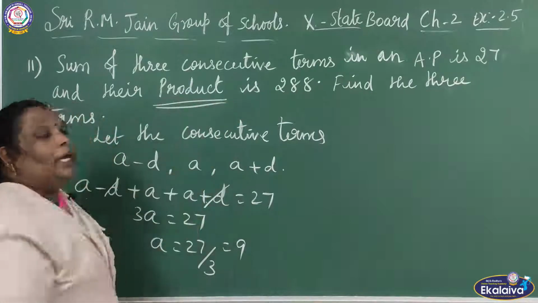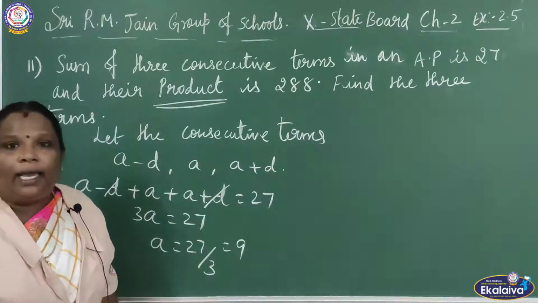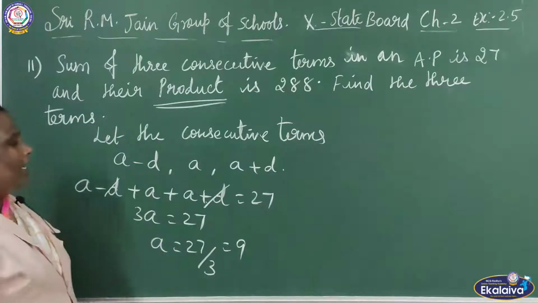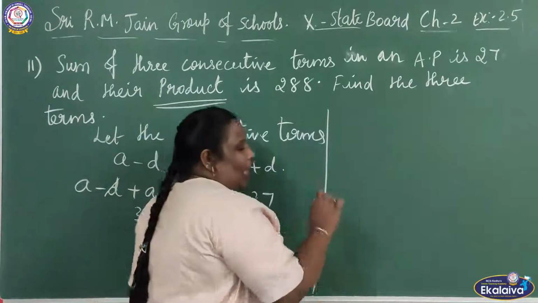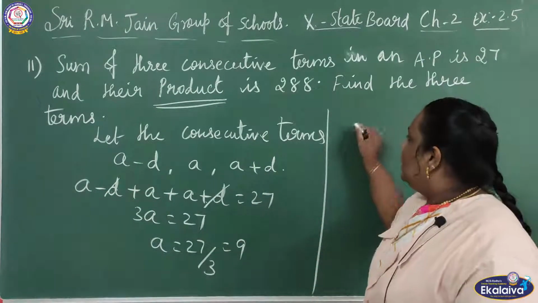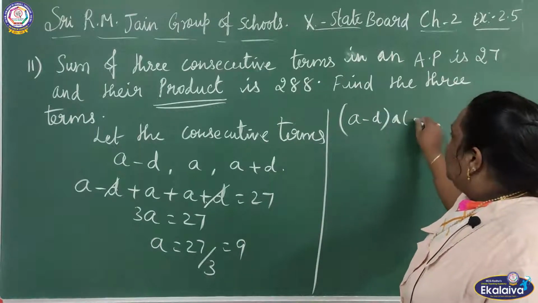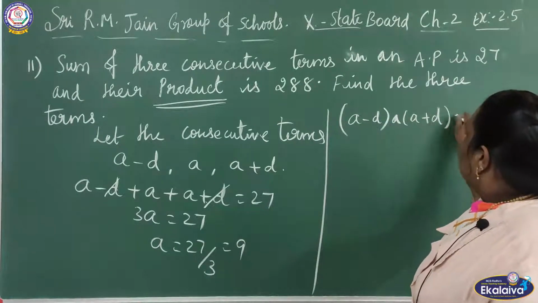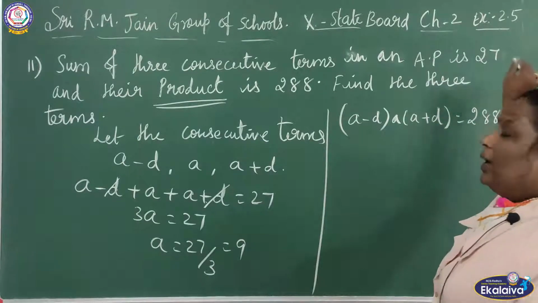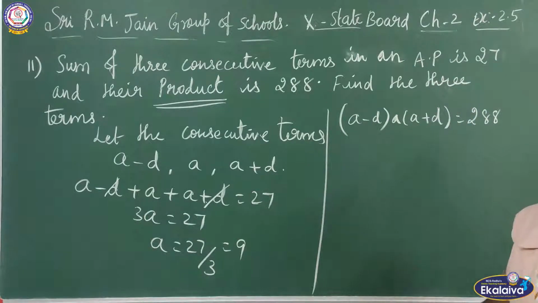Next, the product is 288. What is the product? A minus D into A into A plus D equal to 288. A minus D into A plus D, what is the formula? A square minus D square.